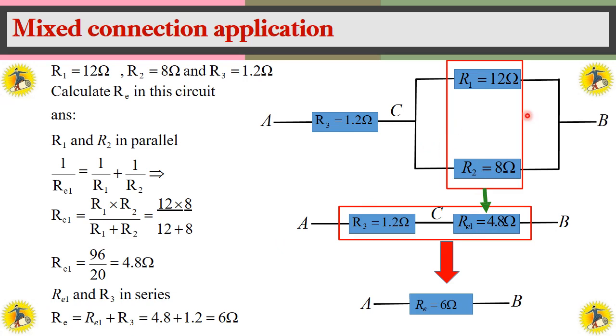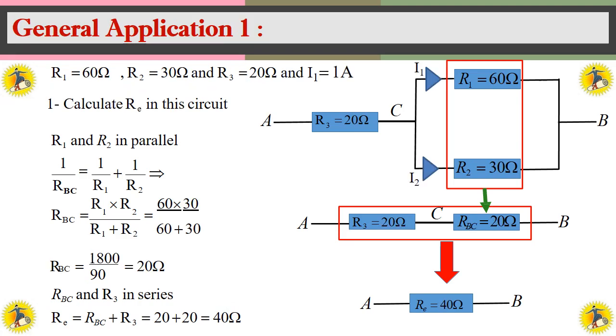Now this equivalent and R3 are connected in series, so we use the series formula: R equivalent equals RE1 plus R3. We get 6.